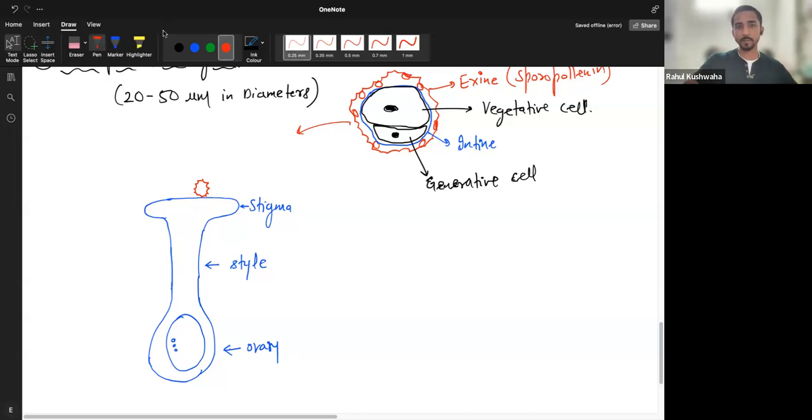So there are high chances, and it happens every time, that very different kinds of pollen grains will fall on the same stigma. So this is species A, this is species B, and this is species C. Three different pollen grains landed on the stigma of a plant.